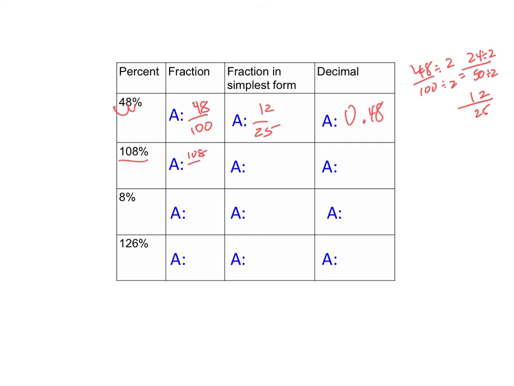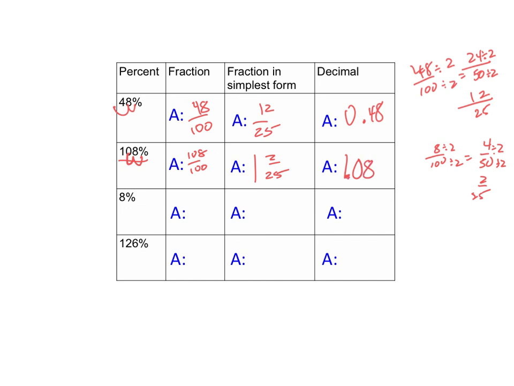Hopefully you wrote 108 over 100. In simplest form, that is 1 and 2/25. If you can do that in your head, great. I can't, so you're seeing my work off on the side just because I can't do it in my head. Decimal, I move my decimal point 2 places to the left.